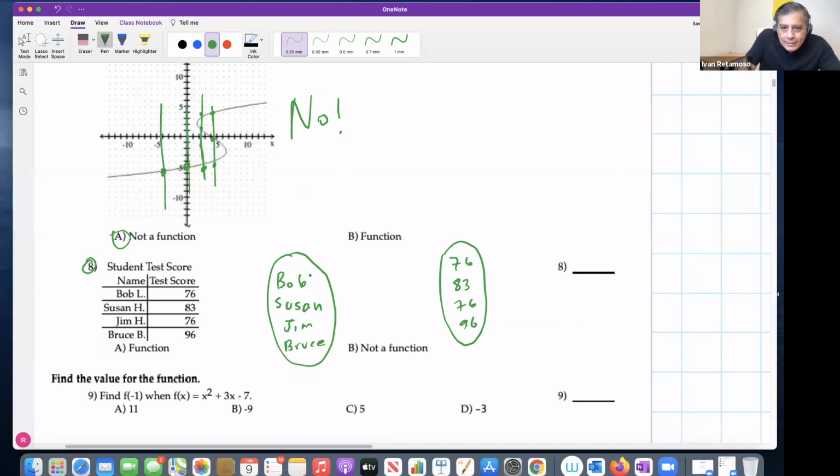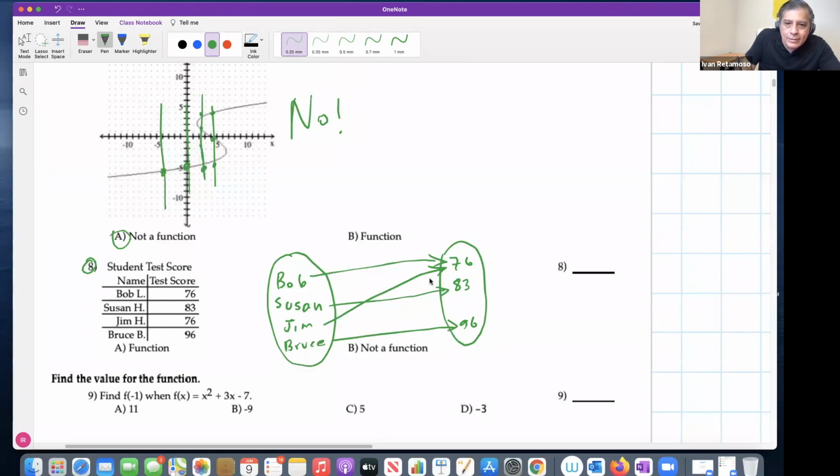Look, Bob, 76 there. Susan, 83. Jim, 76. And remember, when you deal with sets, you're not supposed to write the elements twice. So this 76 is already there, but no problem, because Jim is associated with this one, 76. And Bruce, 96. Look, you don't see the fork here.